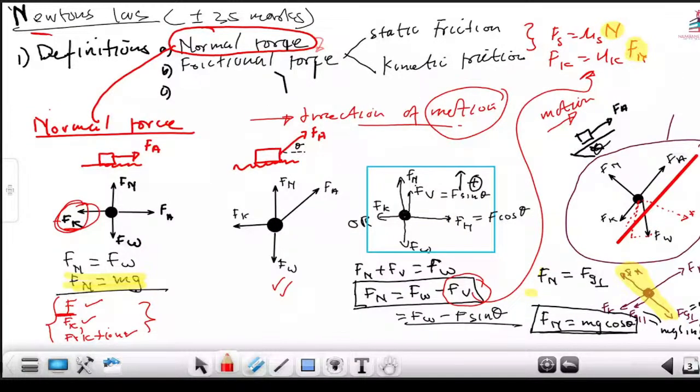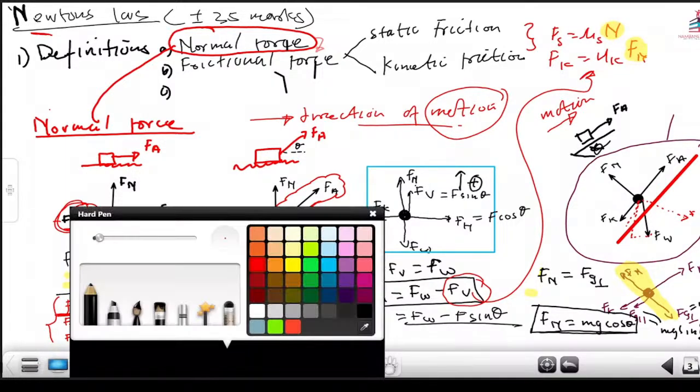Yes, this force is applied at an angle, so we break it down into its components. It is going to have a vertical component and a horizontal component. But remember, this object is not moving in that direction.